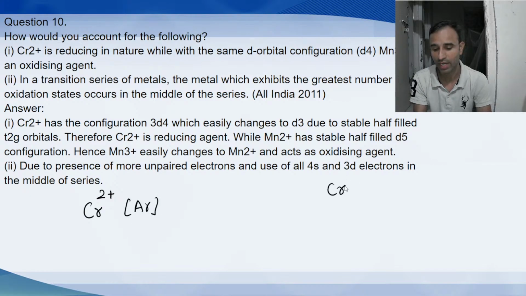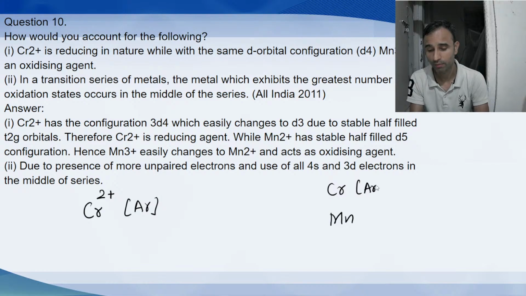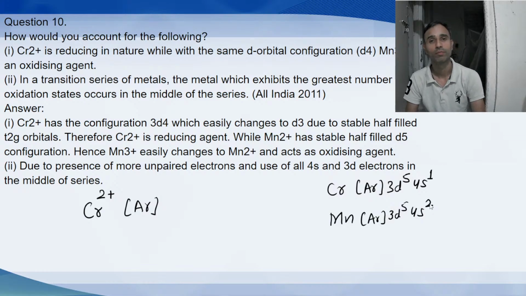First I will write the electronic configuration of chromium and manganese. Chromium is 3d5 4s1. Manganese is 3d5 4s2. So see, chromium 2+, what is chromium 2+?